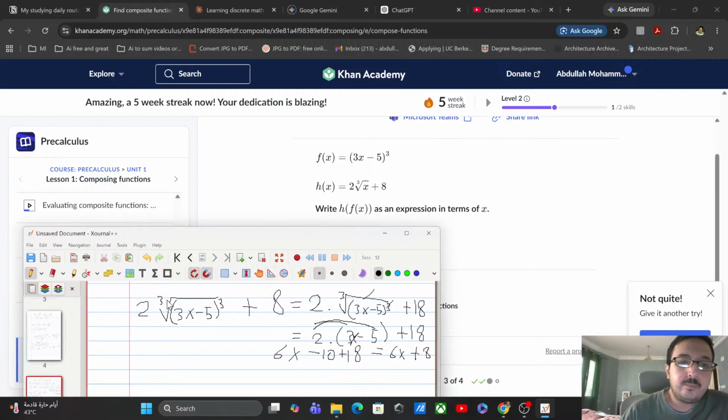I got 2. Okay. This, it's H. Am I correct? So we're taking this one and we're plugging this inside the x here. So I get 2 times the cubic root of 3x minus 5 plus 3 and all plus 8.